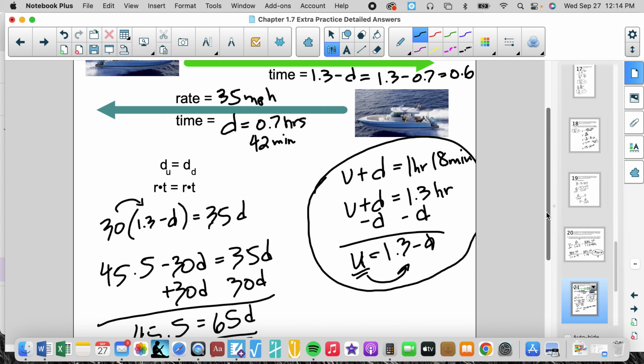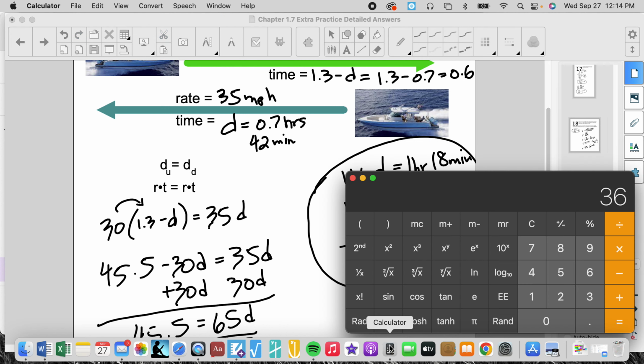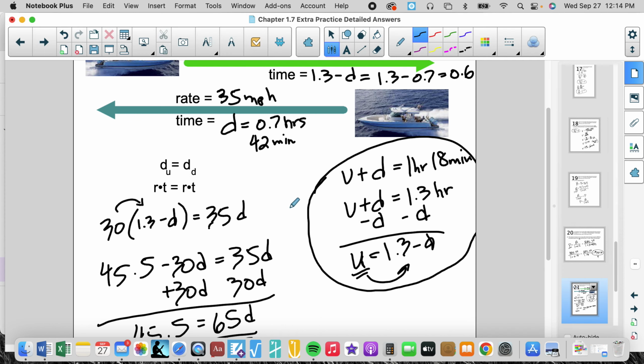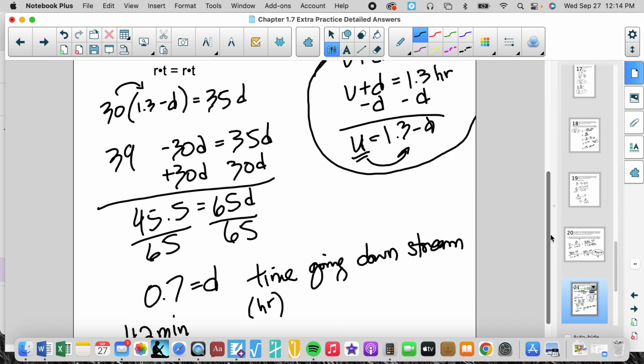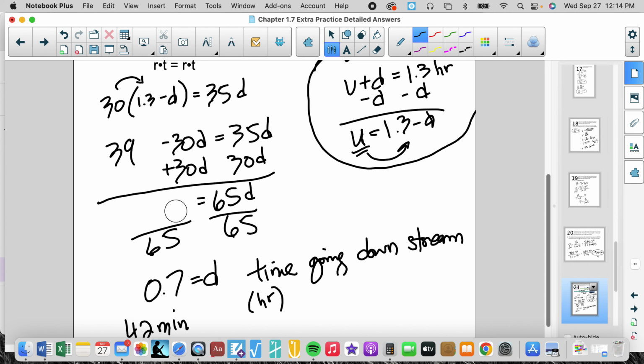And did I multiply correctly? Downstream is D, upstream is that. 30 times 1.3, let's see. 30 times 1.3 gives 39, Mr. Mac. Hello. There's my mistake. That's 39. That's a huge mistake. Oh, gotta redo that. I hate making mistakes. I'm going to say 39 divided by 65 is 0.6.